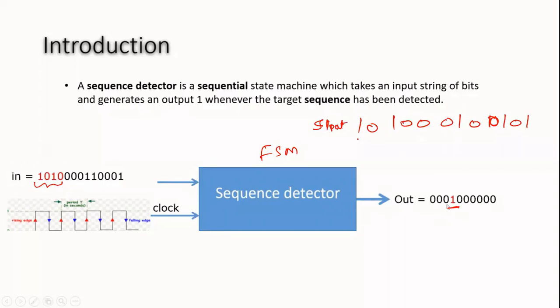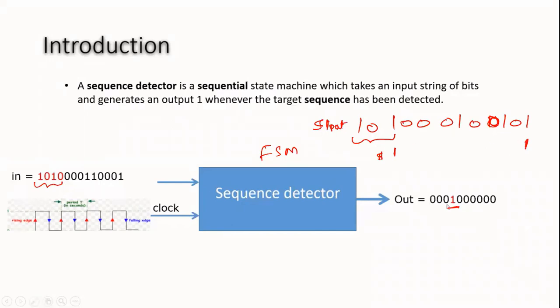So it just goes and looks. First 101, okay, it will give 1 at this point, and the remaining thing will be 0. Again, you keep on looking here, nowhere. This is also 0, okay? So nowhere, then it gives 1 here.